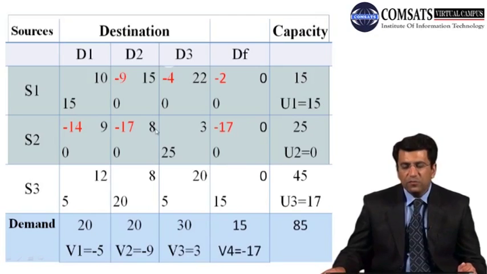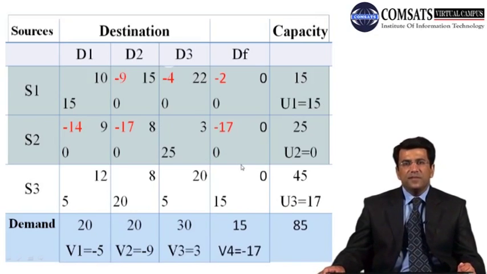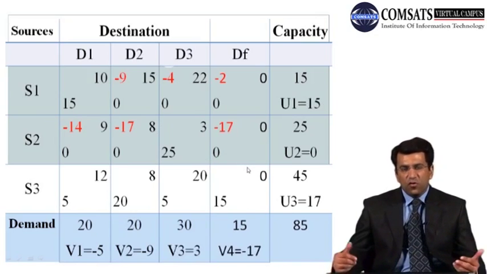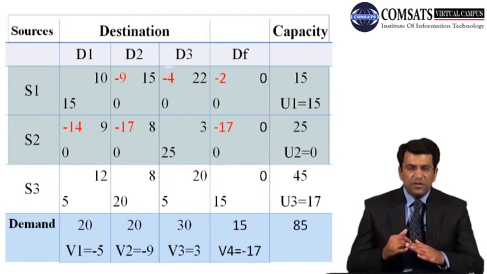Now again we will have to check the criteria of optimality, and again class, I should recall that these steps which are involved in the transportation method are so important that you should always keep the different steps at your fingertips.